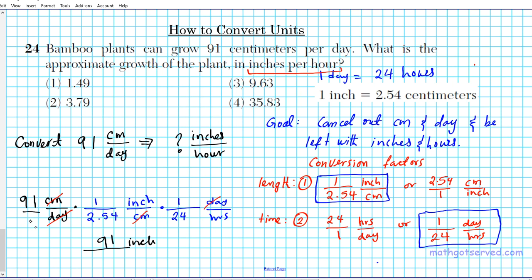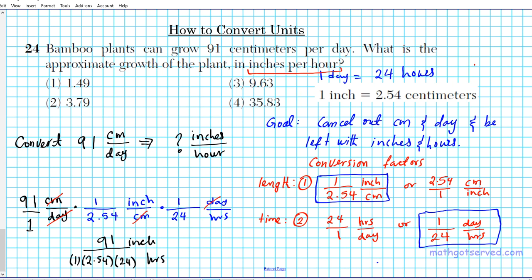What's the indivisible denominator of all integers? It's 1, okay? So you can put 1 underneath every integer, and nothing changes. Okay, so in the bottom we have 1 multiplied by 2.54 multiplied by 24. And the unit in the denominator is hours.